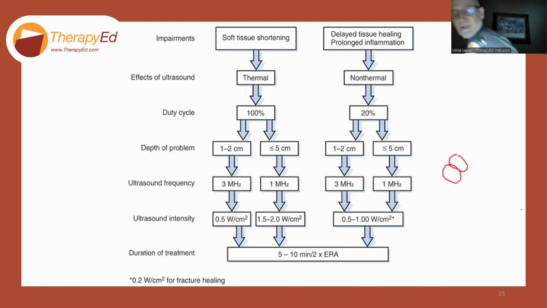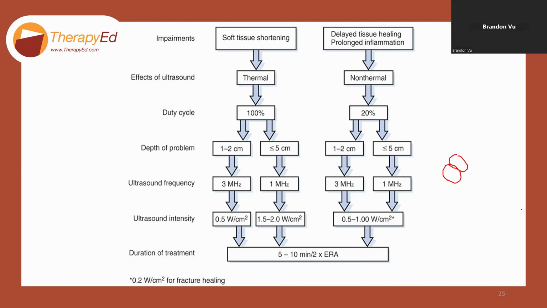On my forearm, I might be able to do an area twice the size of this ultrasound head, and it's going to take 5 to 8 minutes to get enough intensity from the ultrasound to sufficiently heat that area.